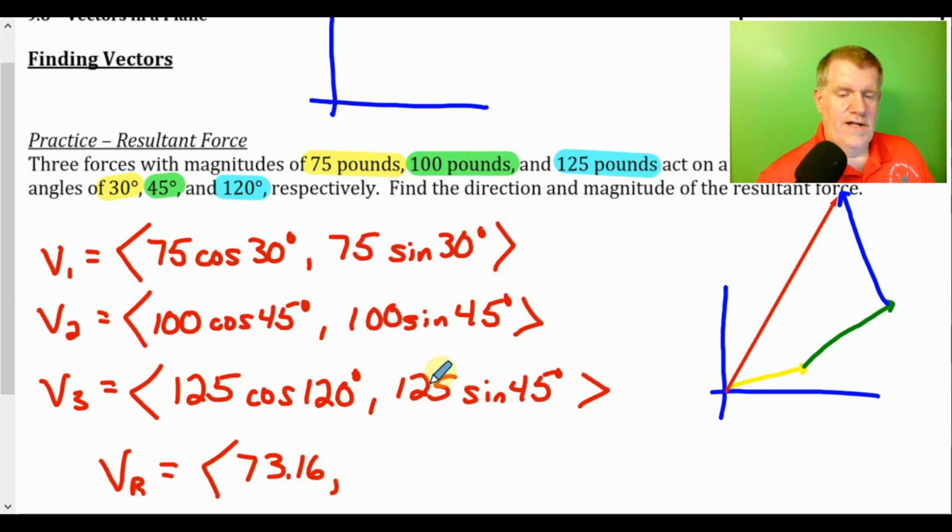Then when I added all of these components together, I got 216.46. All right, does that point up there seem like it could be 73.16 and 216.46? Possibly. All that we know is that was a rough guess as to where the answer is, and it seemed to match. So this is your resultant vector.